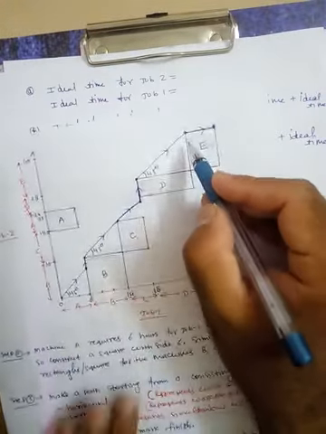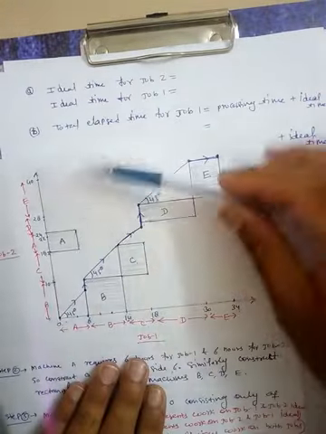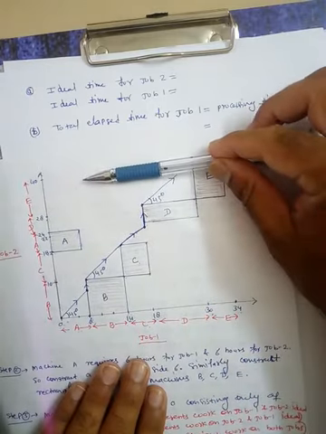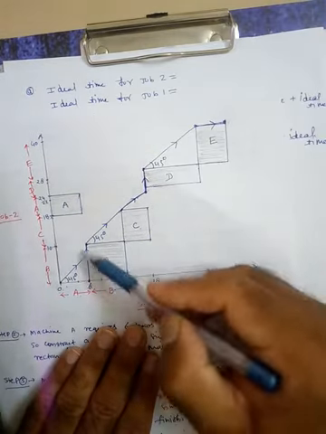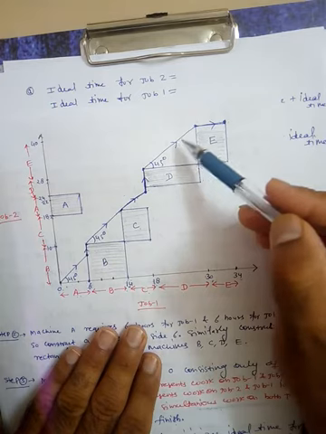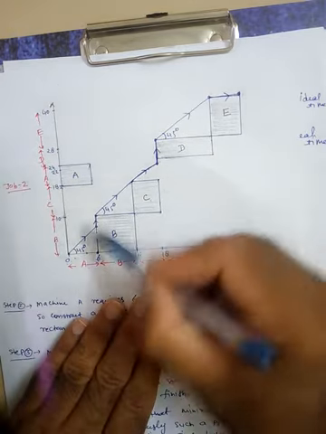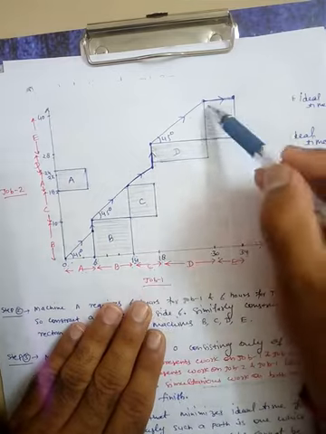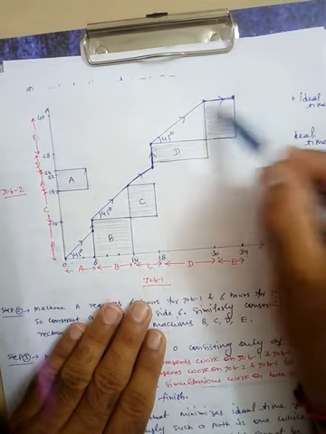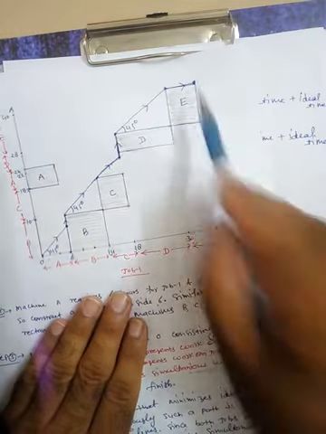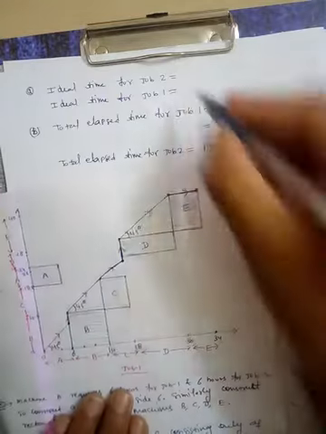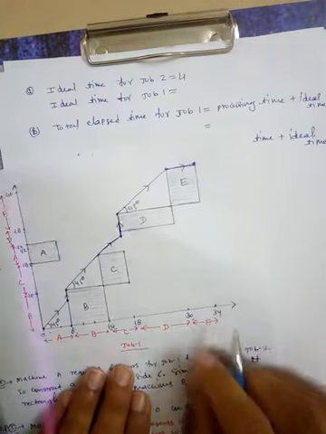So the ideal time for job 2. Job 2 means you have to find the horizontal line, the path where we are moving horizontally, and this is the only section. Here there is no horizontal line, only this is the horizontal line. The distance from here to here is 30 to 34. So this is 4 hours.